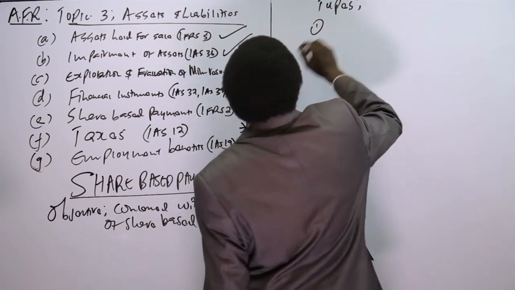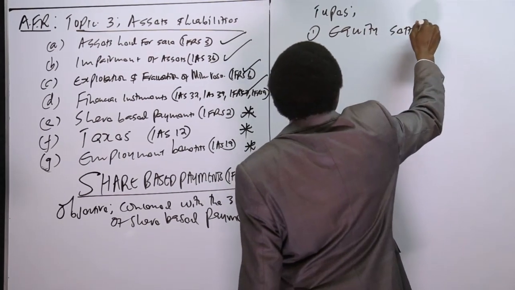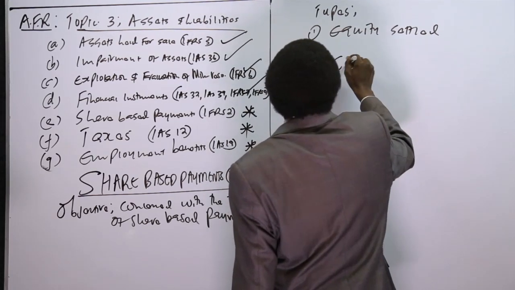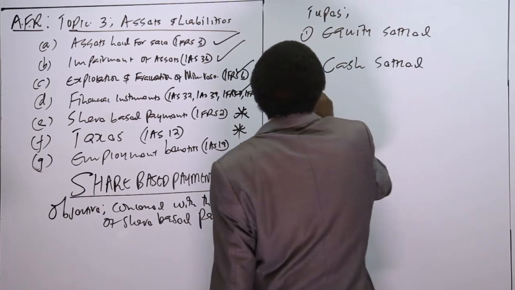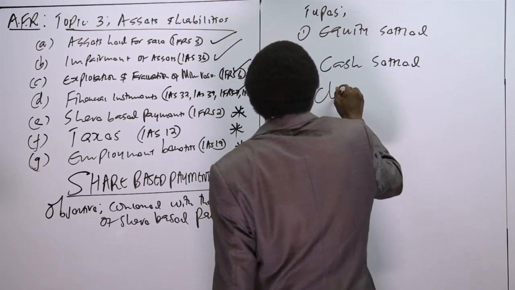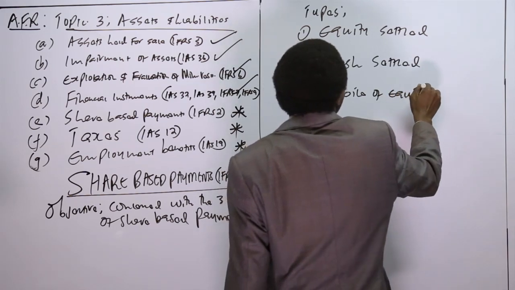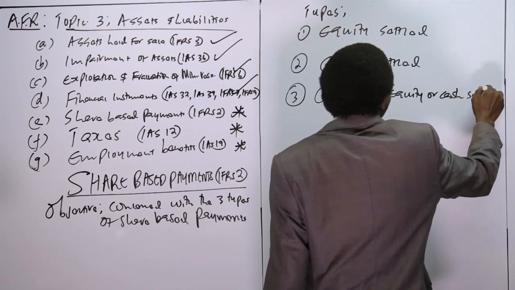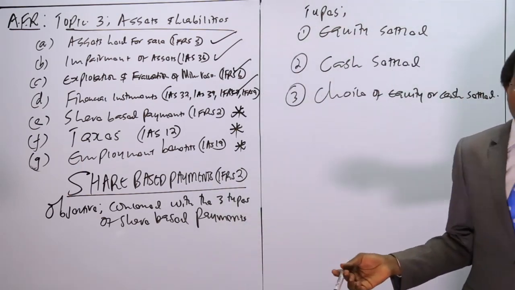One, we have the equity settled. Two, we have the cash settled. Three, we have choice of equity or cash settled. Those are the main three types of share-based payments.